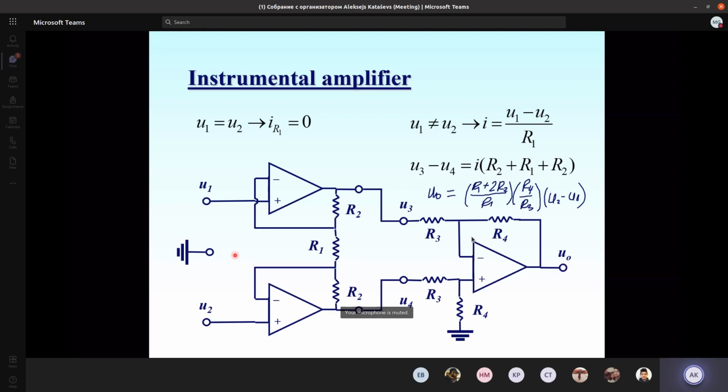This differential first stage increases a little bit the common mode rejection ratio. When we're speaking about the calculation of the amplifiers, unfortunately, we very easily may calculate the differential gain for the instrumental amplifier. But it's very difficult to calculate the common mode gain because we have to take into account all the non-idealities of the amplifiers, which very often are not known.